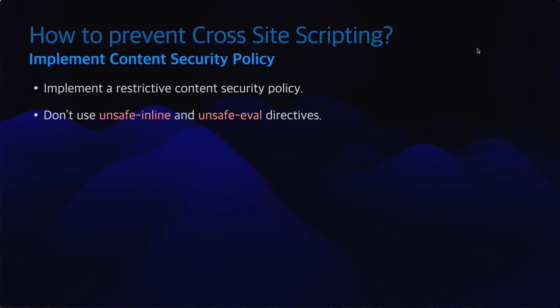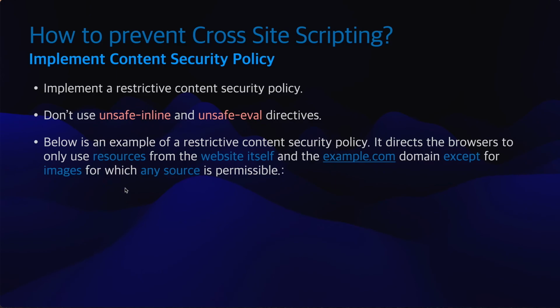So unsafe-inline and unsafe-eval are two directives that you should definitely avoid, because adding these two directives to your policy would actually prevent it from doing any kind of checks on what response was sent and what JavaScript needs to be executed.